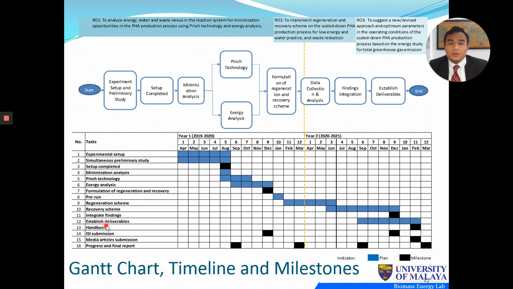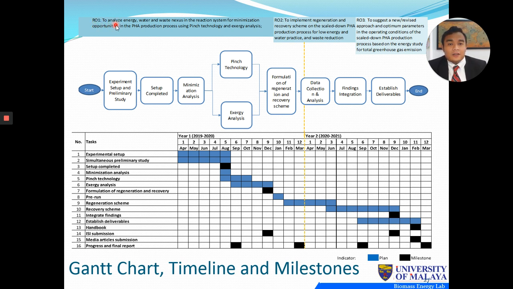I've shown you an example of my own Gantt chart for a research project. In my personal experience, I normally put the Gantt chart, timeline, and milestone in the same figure, where on top I put the research objective. As you can see, my research objective 1 is to analyze.